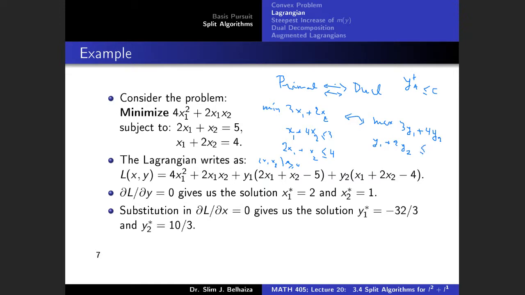Less than 3, because I have to take the first objective coefficient inherited from the primal. And the next condition would be 4y1 plus how much? Y2, yeah. So I take the second column of A, I write it as a row here, less than.